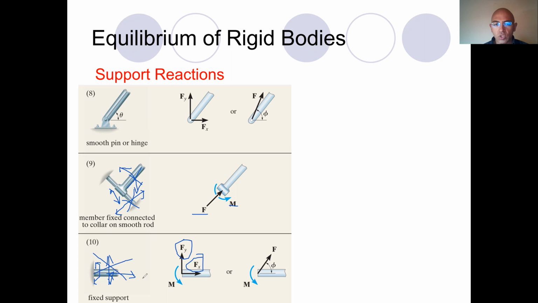So all of these motions are prohibited, restricted. As a result, we have a reaction moment coming from the support. Now the direction of these moments and forces can be arbitrarily chosen if it is not known beforehand. Certainly, if you find a negative value, this means that the direction you choose is not correct. It has to be in the opposite direction.